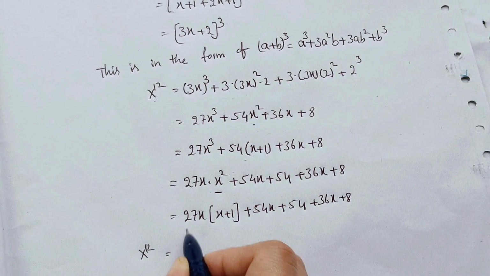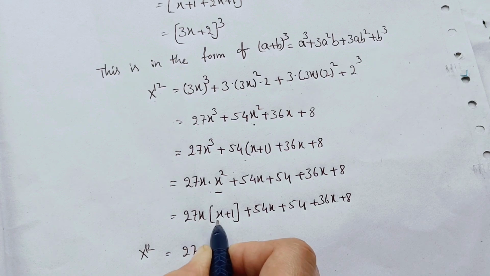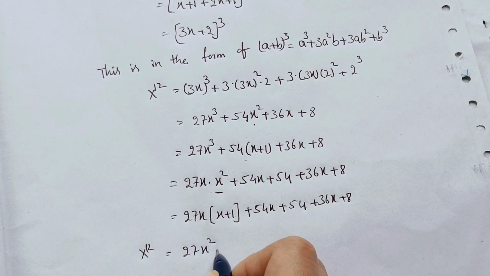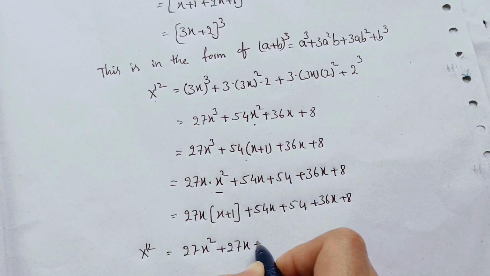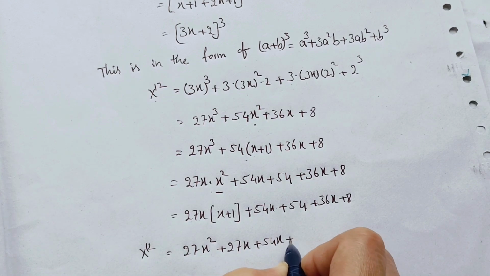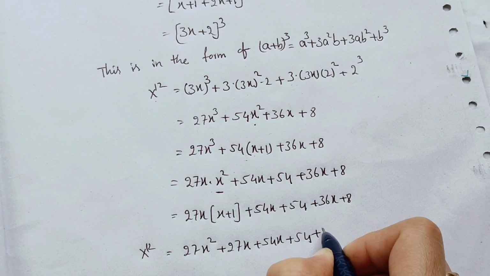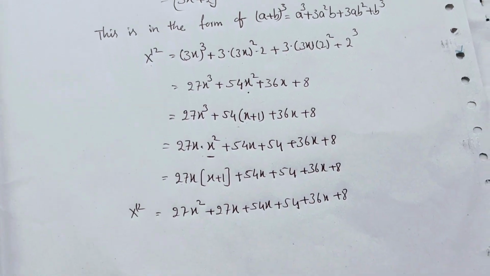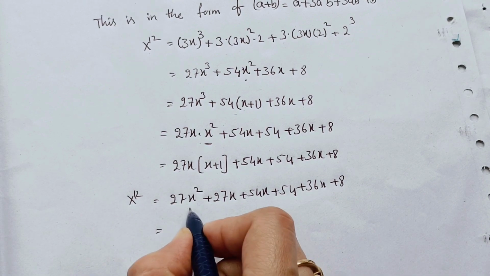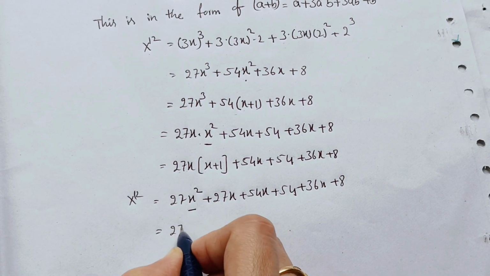x power 12 is equal to 27x into x square plus 27x into 1, that is 27x, plus 54x plus 54 plus 36x plus 8. Again in this place I am going to expand that.